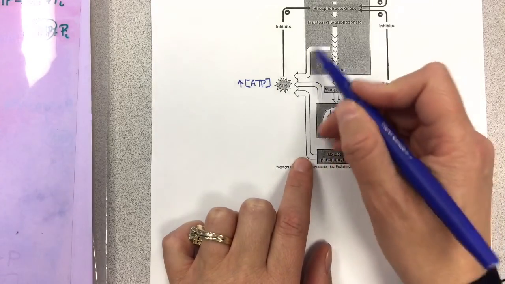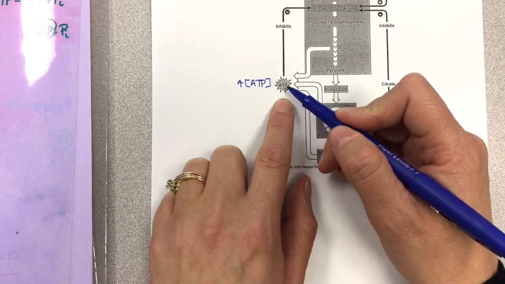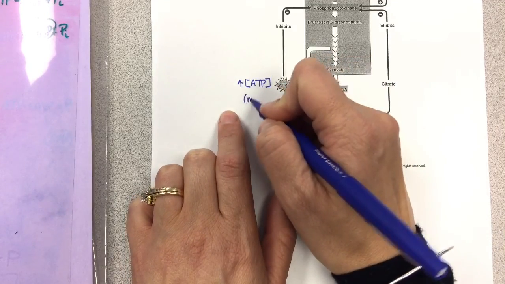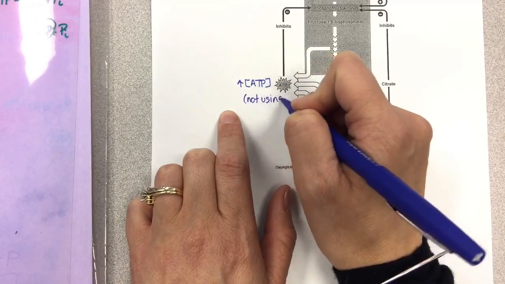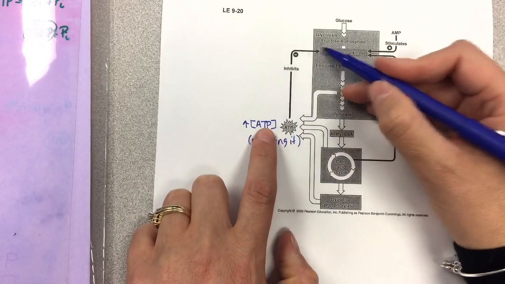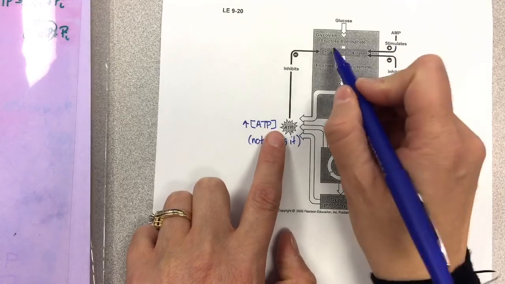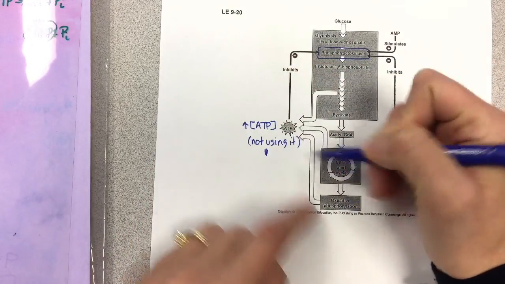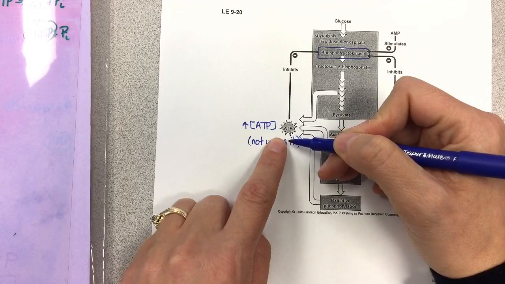These all make ATP. So if ATP starts to build up, you have a high concentration, you're not using it, let's say you slow down, then ATP actually inhibits this enzyme here. And if this enzyme gets inhibited, nothing beyond that is happening, and so we stop making ATP.